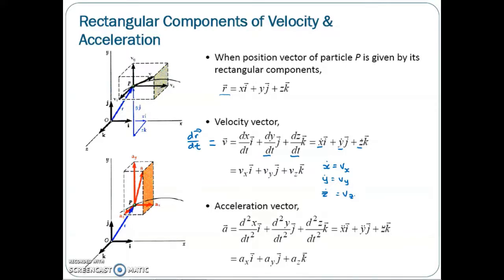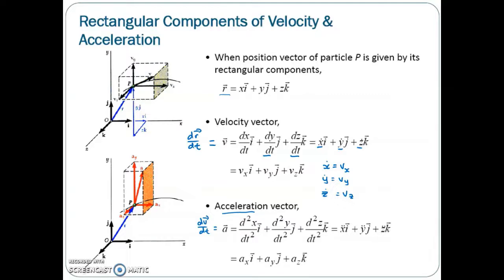If we differentiate another time from the velocity vector, we will have our acceleration vector, right? Noting that our acceleration vector is dv/dt, or equals the double differentiation of our position vector.